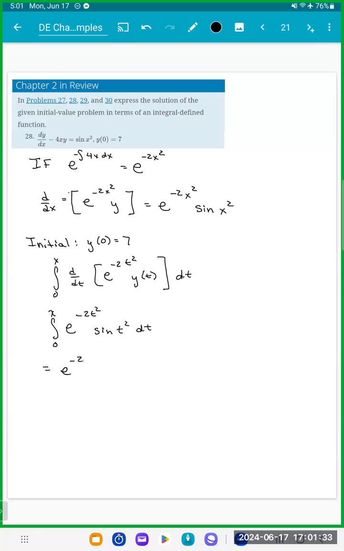So e to the negative 2x squared y of x minus e to the 0 y of 0. Since that there is 7, right? That was our initial, y of 0 is 7.